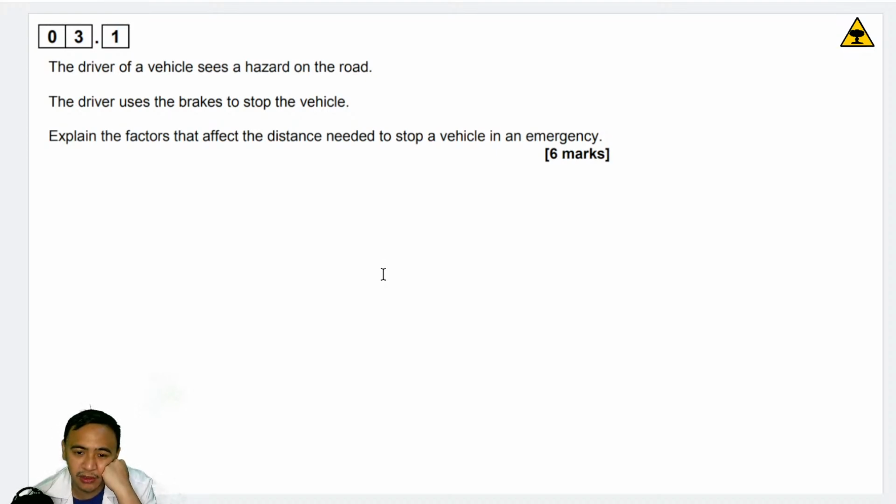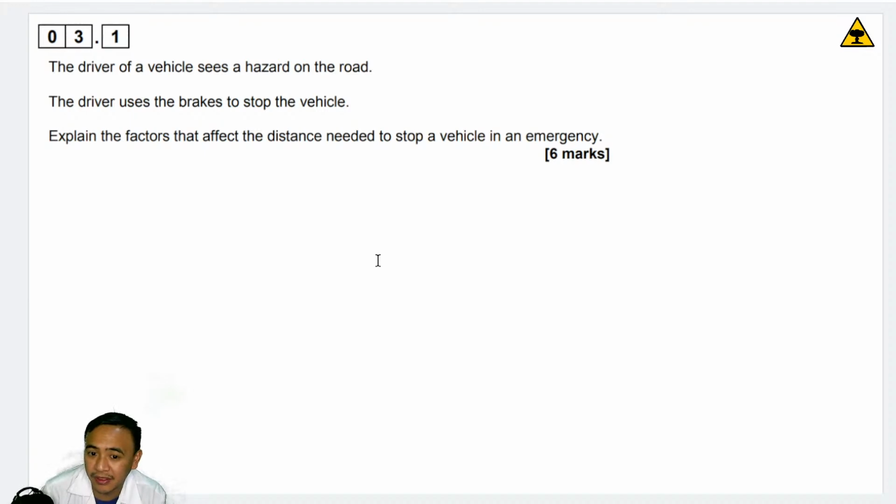You got the reaction time right, so I think I can give you 3 for that part. For the speed, it's not that the reaction time becomes smaller. Your reaction time is still going to be the same, but because of the bigger speed, the thinking distance is now longer.